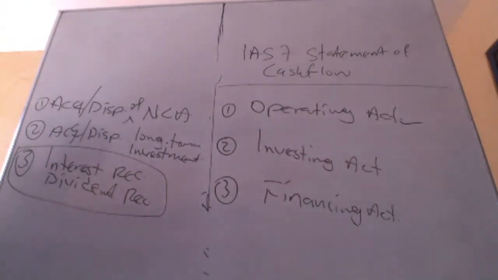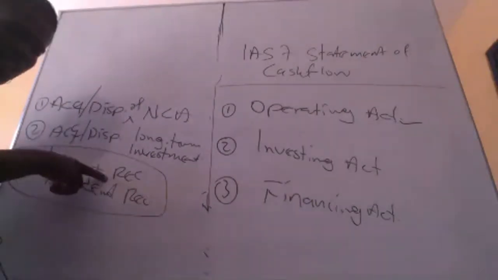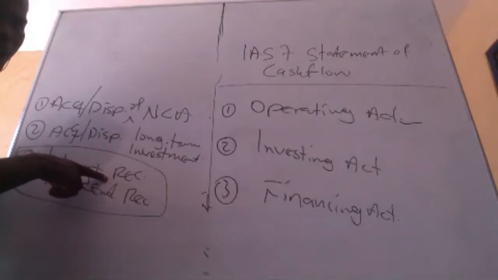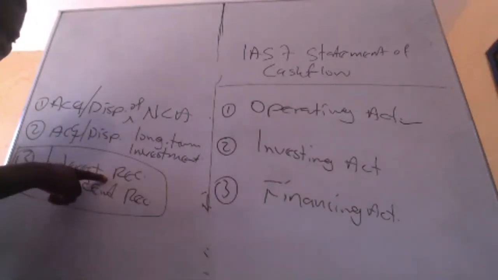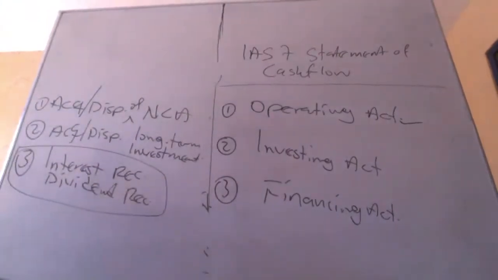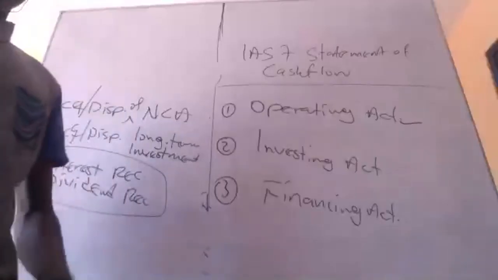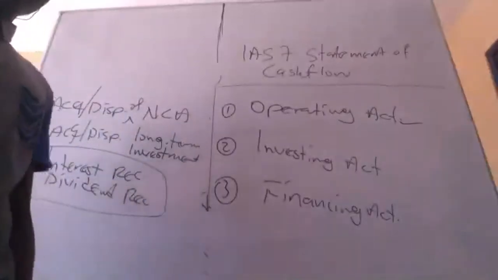If the nature of your business deals with interest related transactions, then interest received will form part of your core activity or your operating activity. If the nature of your business deals with dividend related transactions, then dividend received should form part of your operating activity, or dividend paid. So take note. But here we are going to assume a pure trading company. So take note.